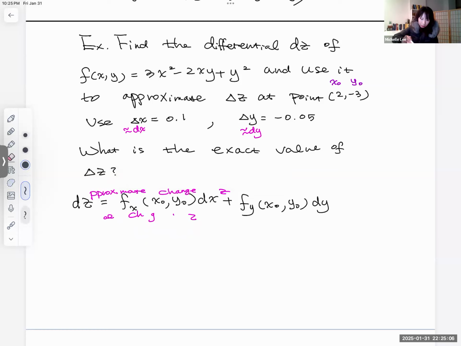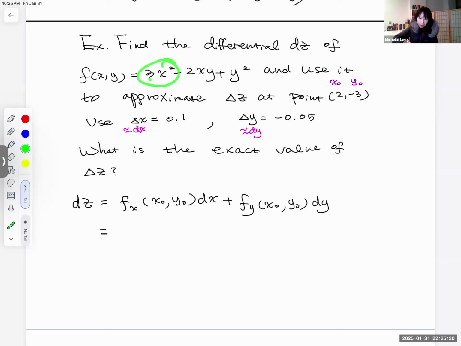Okay, so can you please think about what's the partial derivative with respect to x? This is the last question. So that would be the partial derivative with respect to x.